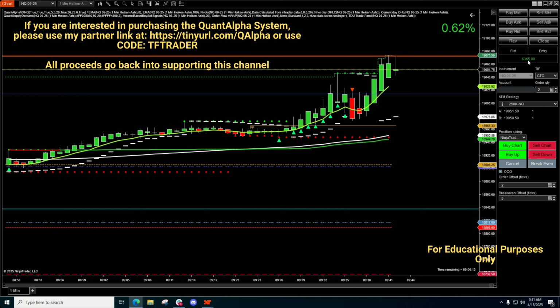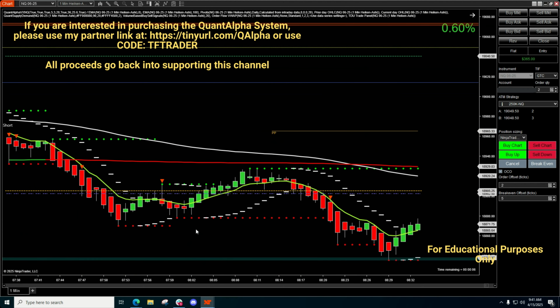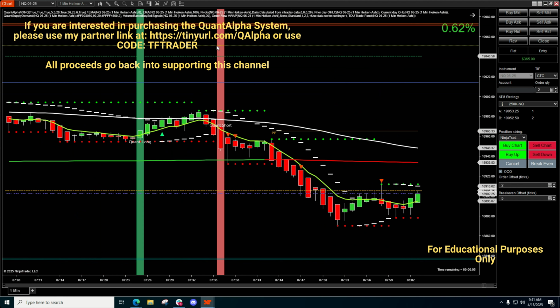So let's go through the different types of orders again. There's an S1, which are these quant longs and quant shorts. Again, the rule for that is if you have, let's say, a quant long, you wait for the close, and the close must be above the 100 EMA.